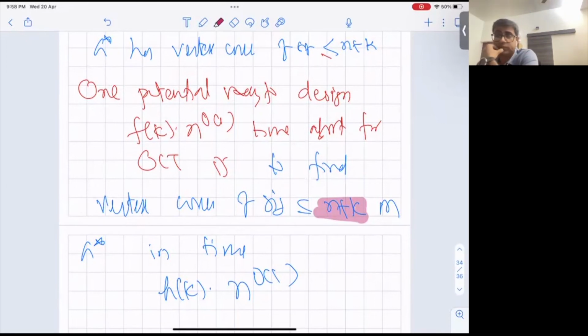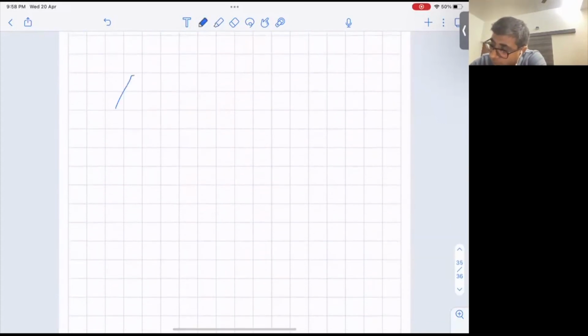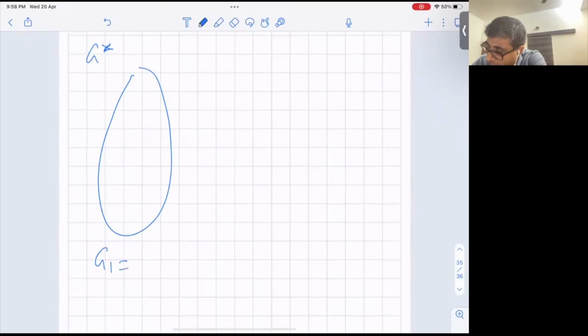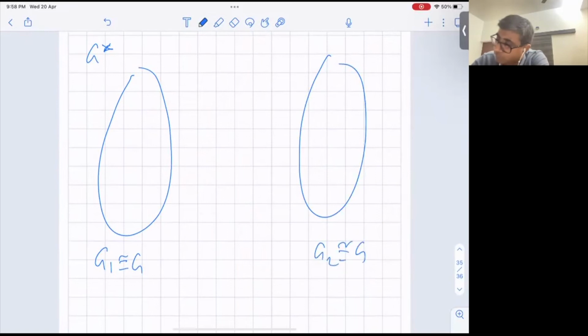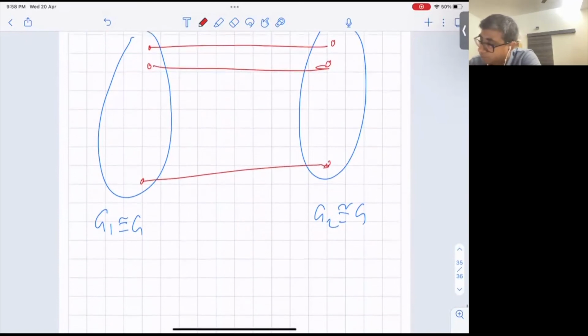Let me go back and look at my graph G star. Here is my graph G star, which is a copy G1, an isomorphic copy of G, and G2, the same copy. And what did we do? We added a matching edge between them.